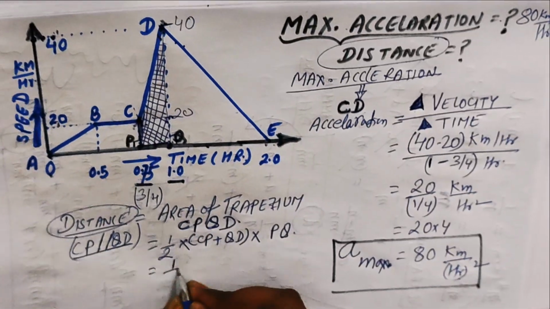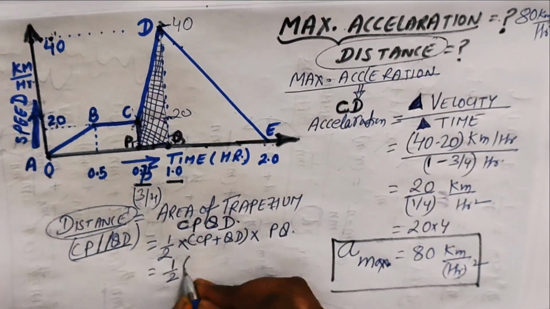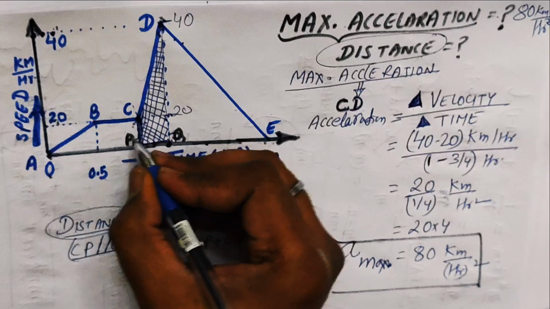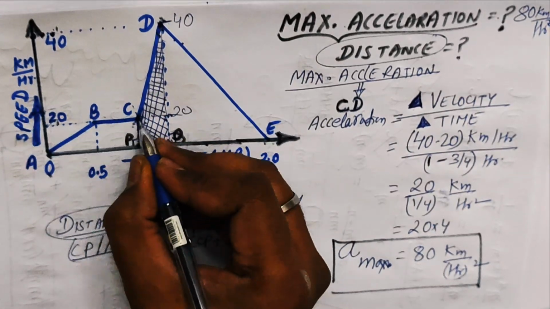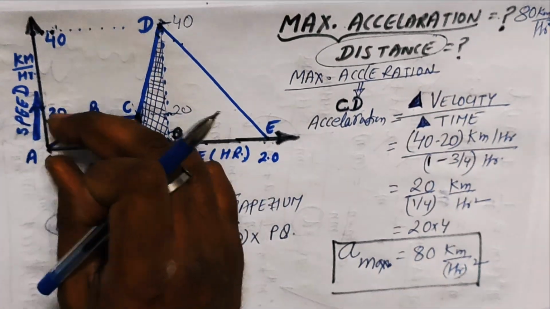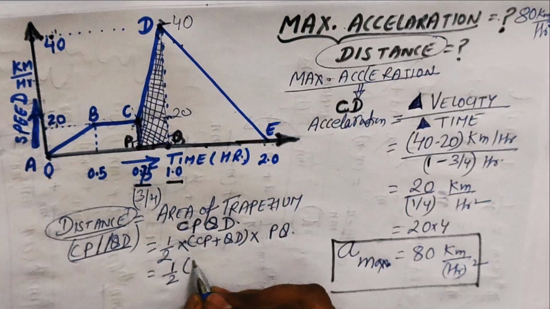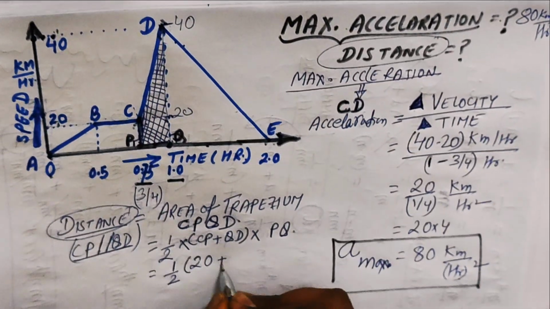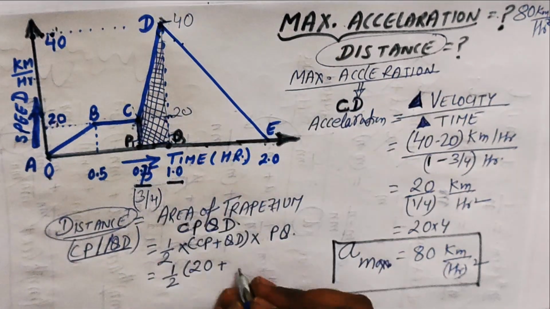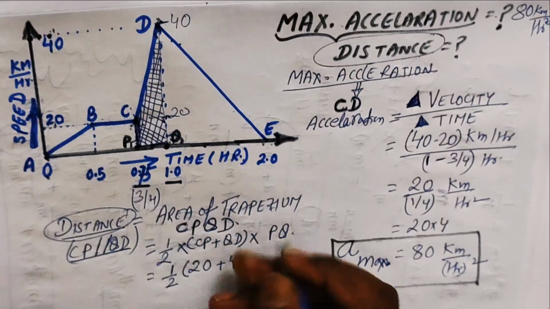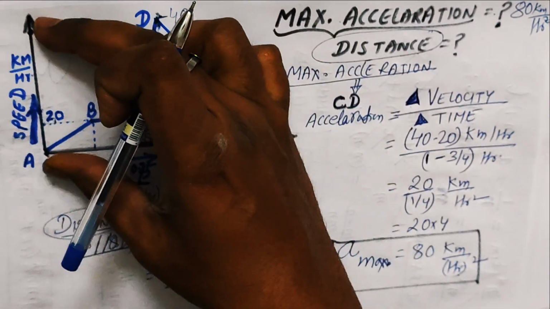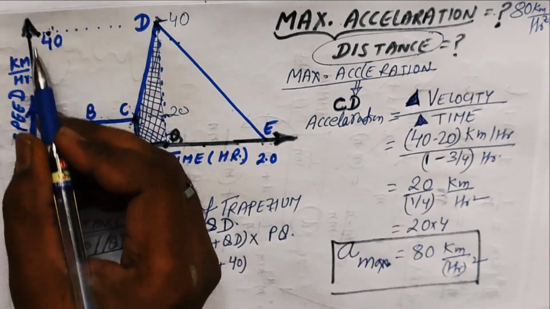And what is the value of CP and QD? CP is 20, because this is 20, so this CP will be 20. 20 plus QD. What is QD? It is 40. We have already seen it. Q to D will be equal to this much, which is plotted on the Y axis.